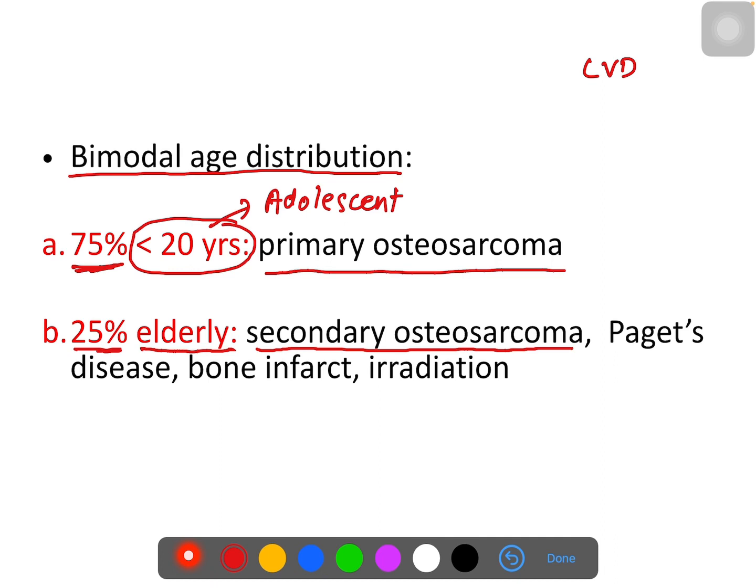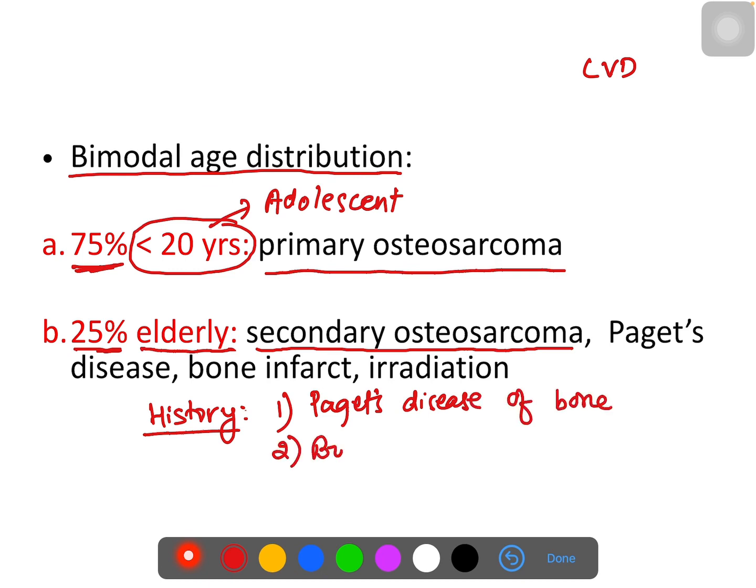These adults that suffer from osteosarcoma generally have a history of some type of bone lesions, and these bone lesions can be Paget's disease of bone, some sort of bone infarct, and some sort of radiation exposure.